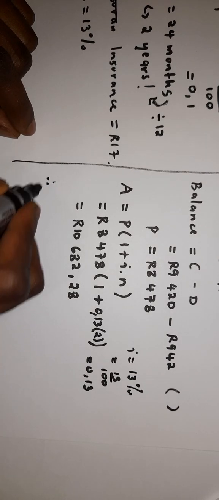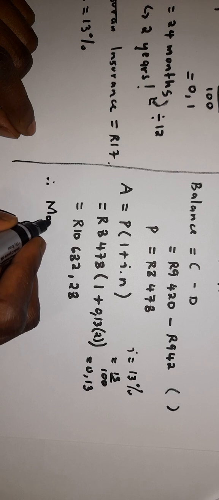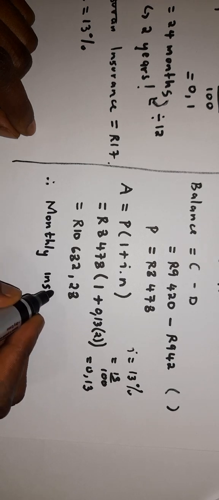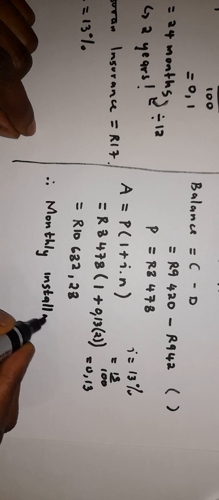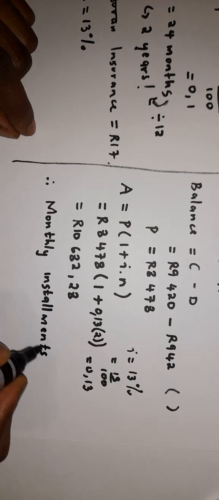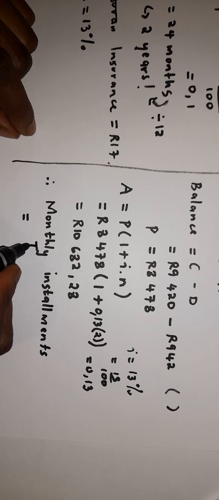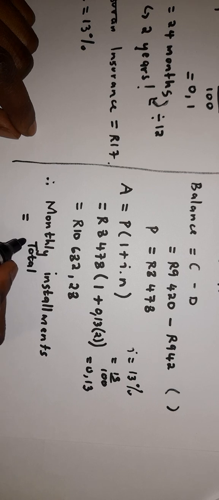Therefore, to answer the question, let's then calculate his monthly installments. So to get his monthly installments, one does the total exclusive of the deposit divided by the number of months.